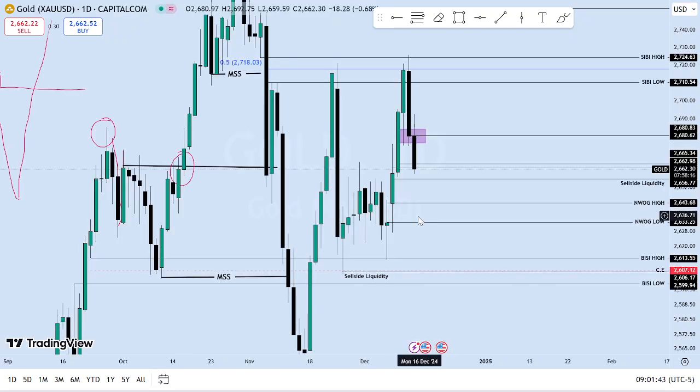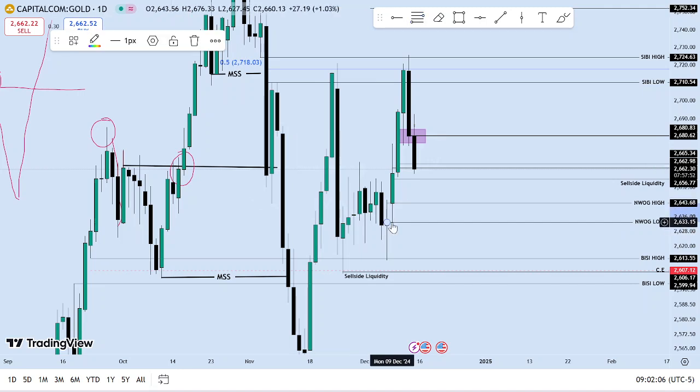Today is Friday, so it will do that, or it will come and deliver here on the daily chart. So here the 50%, the half of this inefficiency, from the high to the low.